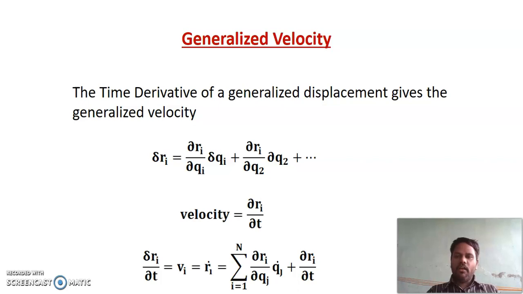The generalized velocity. The time derivative of generalized displacement gives the generalized velocity. On differentiating, we obtain vi equals summation over j of dou ri by dou qj into qj dot plus dou ri by dou t.